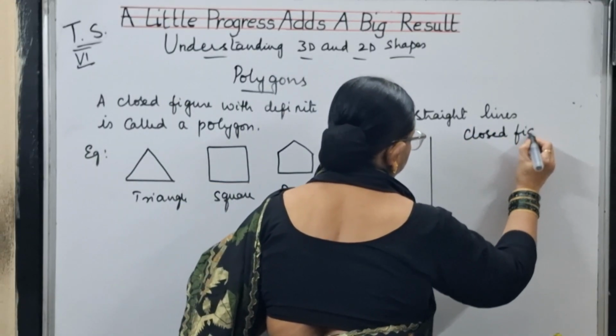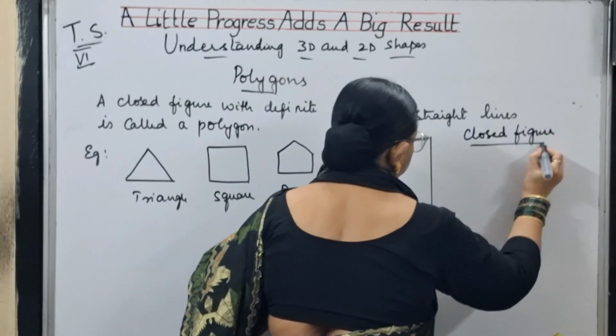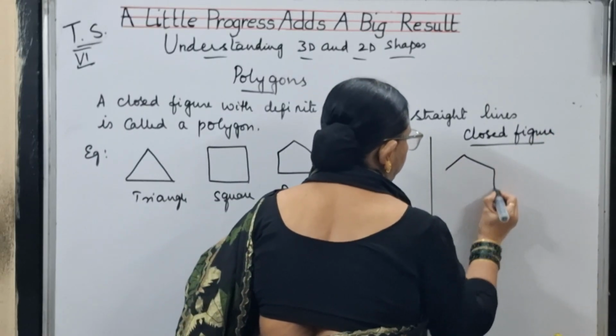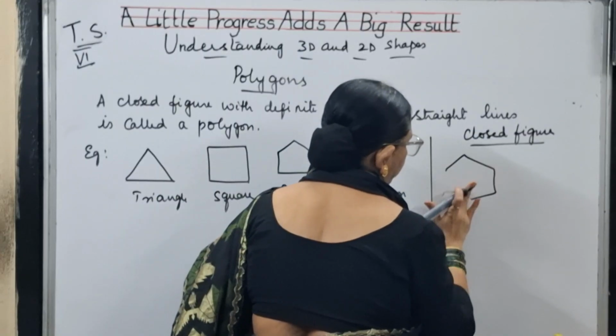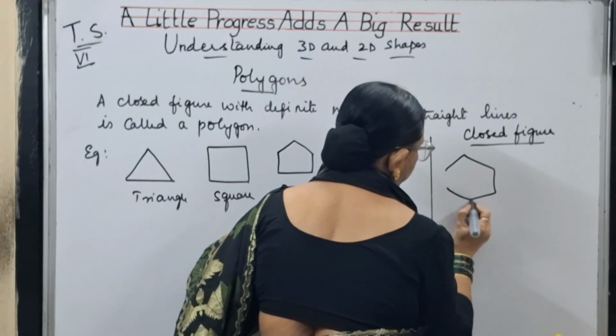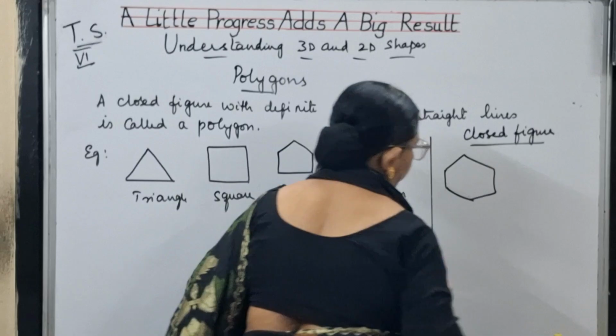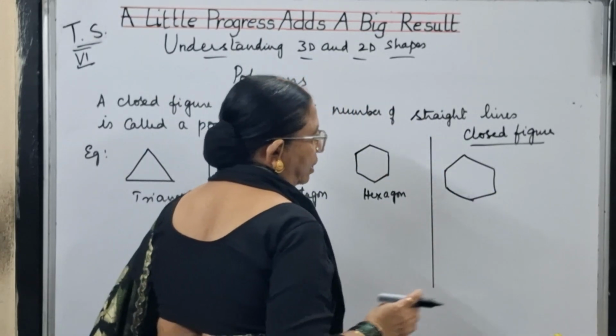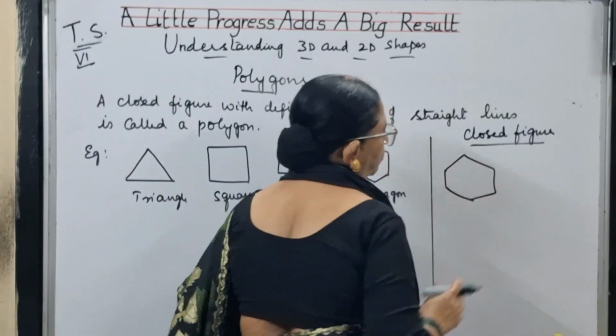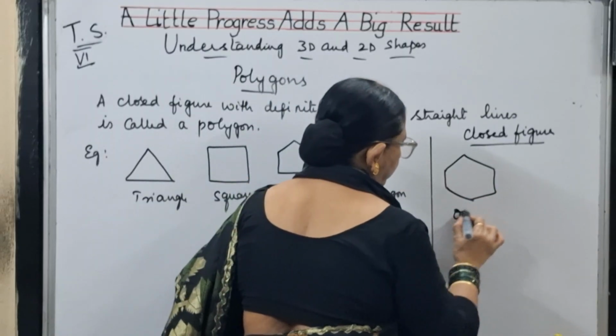A closed figure means it is a figure in which all the sides are closed. Suppose it is a figure like this. See, all the edges are joined. No edge is left behind. This is a closed figure.